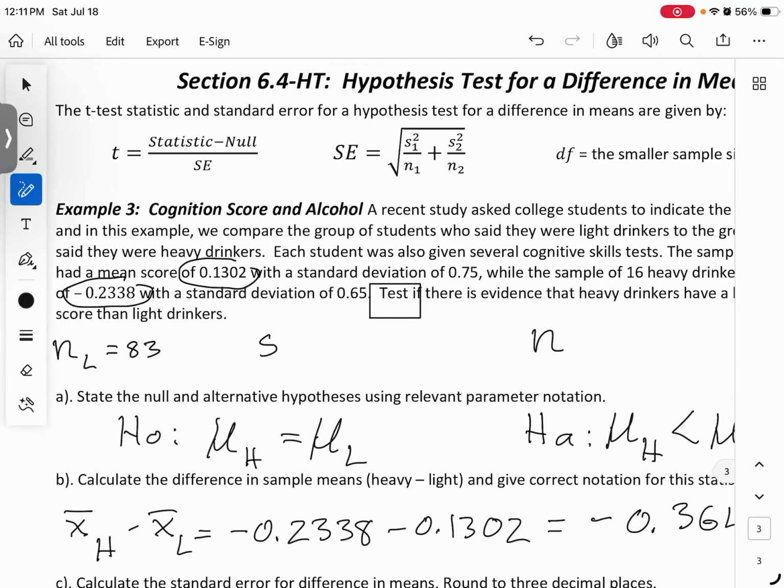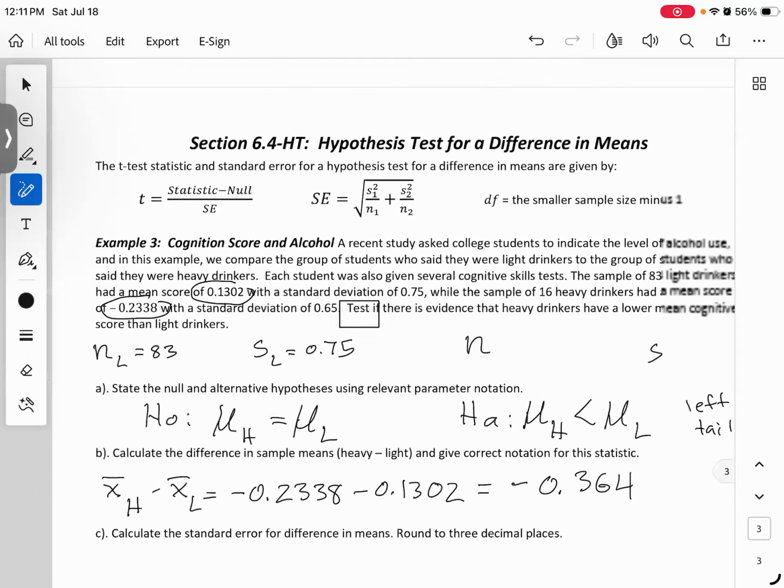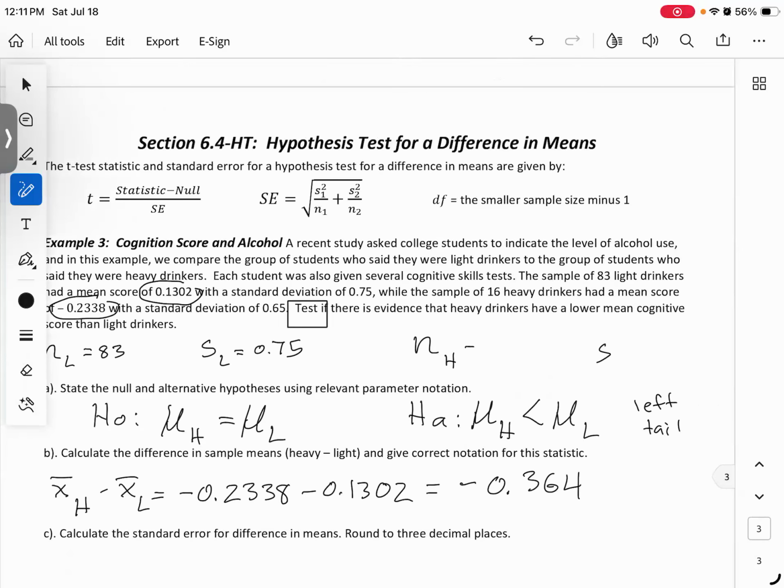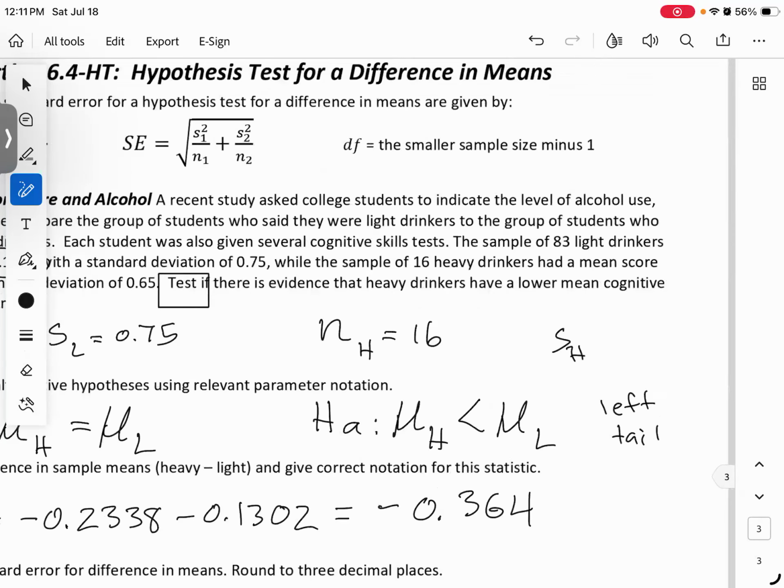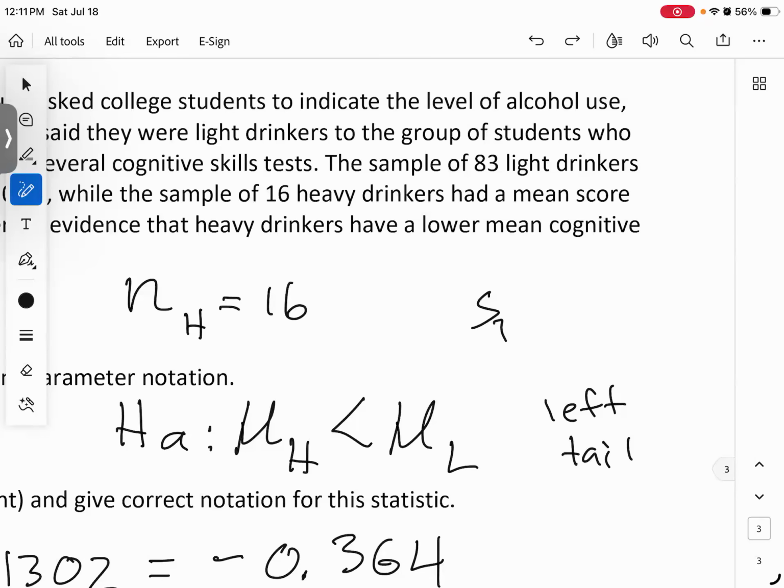Those 83 of them, and their standard deviation was 0.75. And then for the heavy drinkers, not as many of them said they were heavy drinkers, which was 16. And the standard deviation for the heavy drinkers was 0.65.